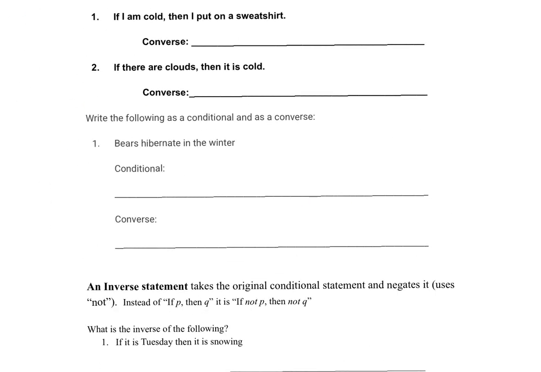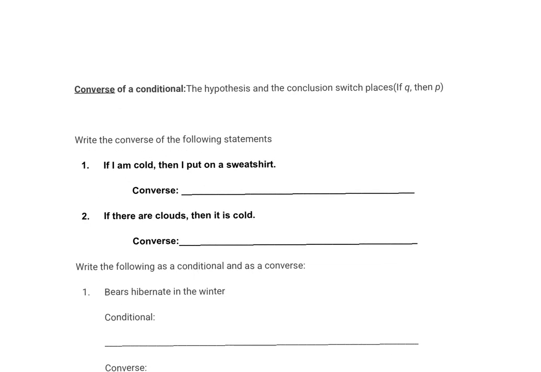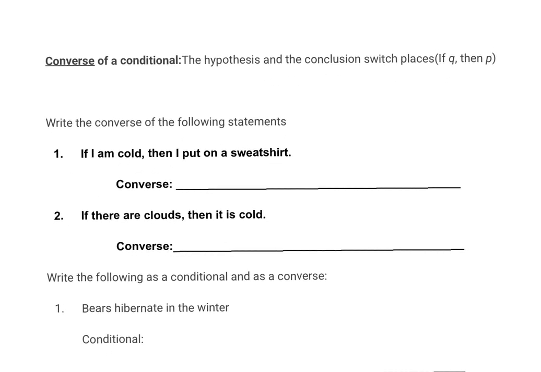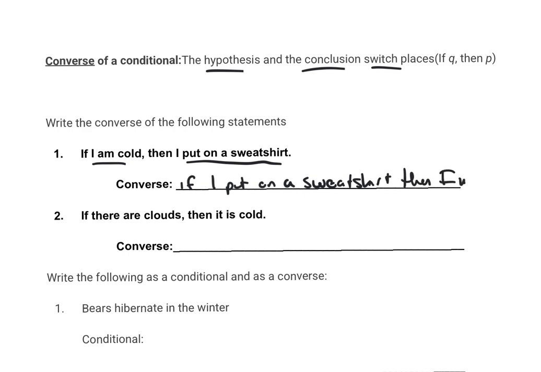So now, a converse basically says flip the hypothesis and the conclusion. They switch places. If I am cold, then I put on a sweatshirt. So the converse would be, if I put on a sweatshirt, then I am cold, which would probably be a better one.